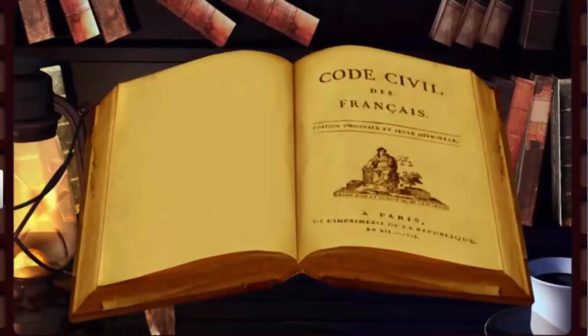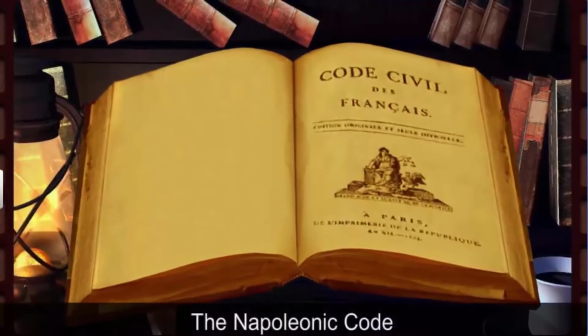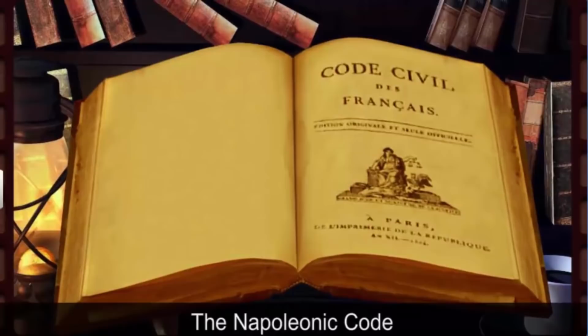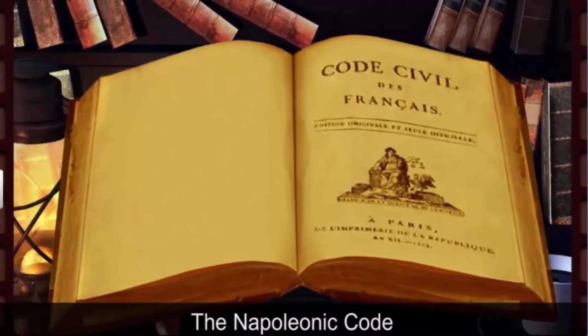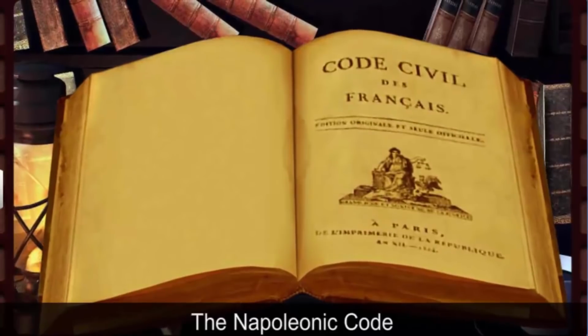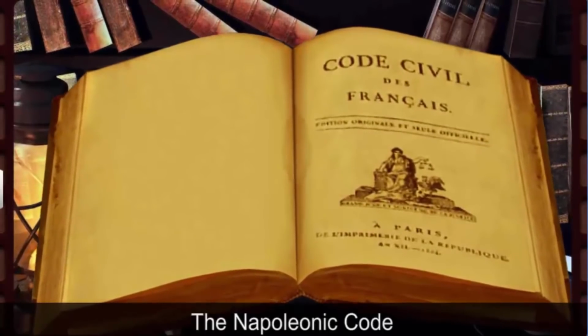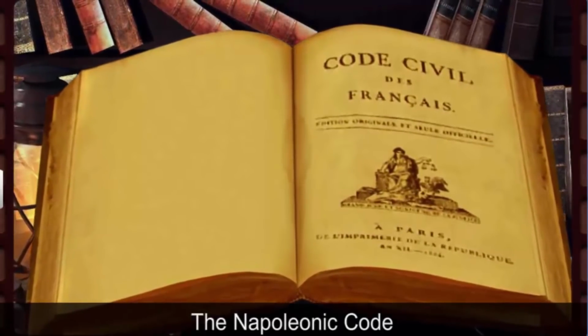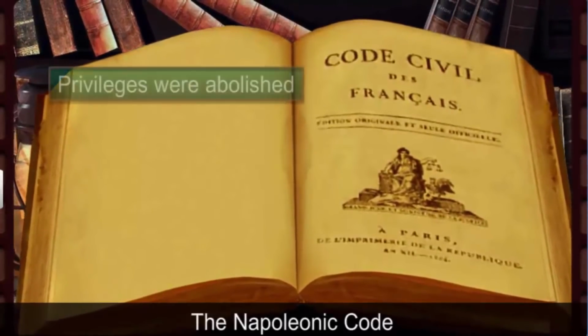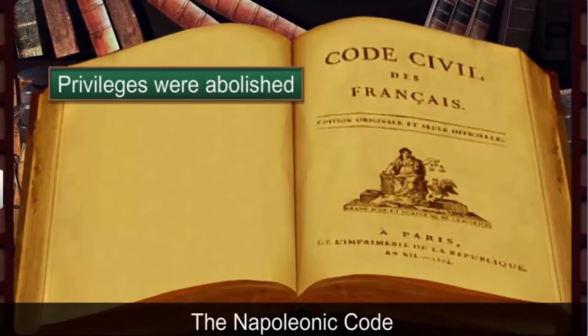The Civil Code of 1804, introduced by Napoleon, is also known as the Napoleonic Code. It is famous for the administrative changes brought about by Napoleon. As per this code, Napoleon abolished the privileges enjoyed by the noblemen and clergy on the basis of birth.